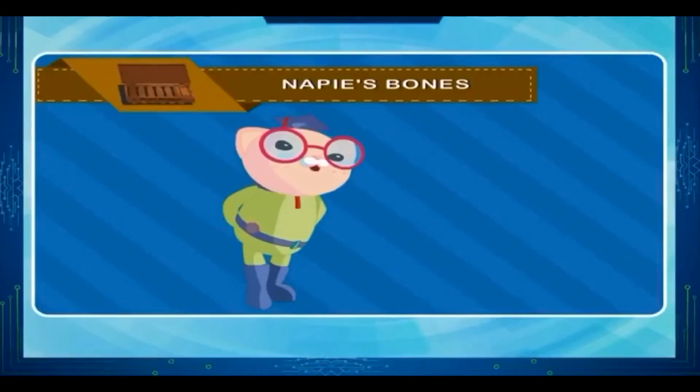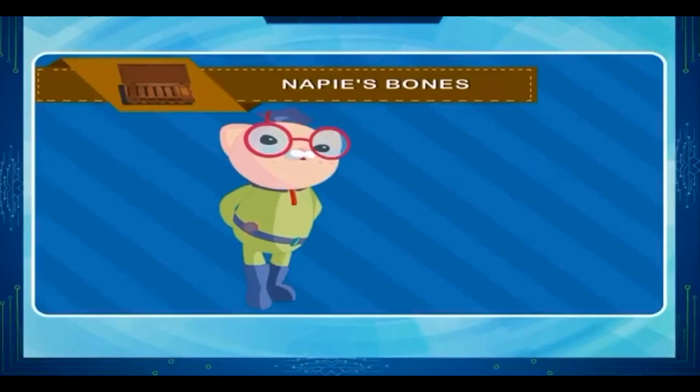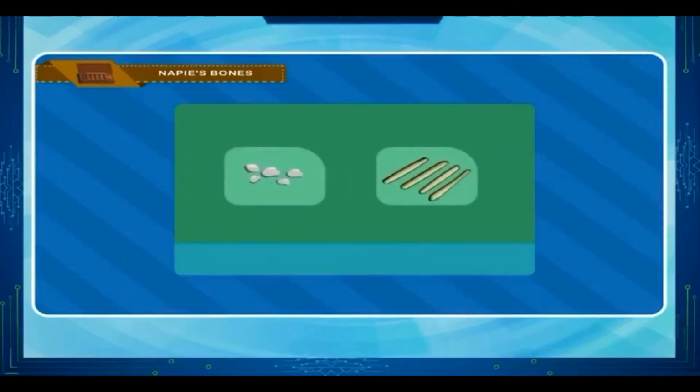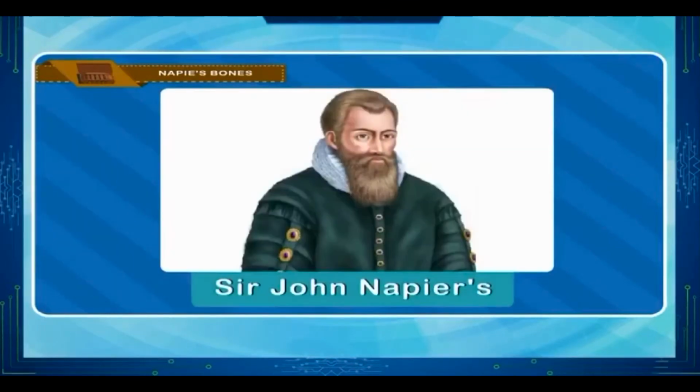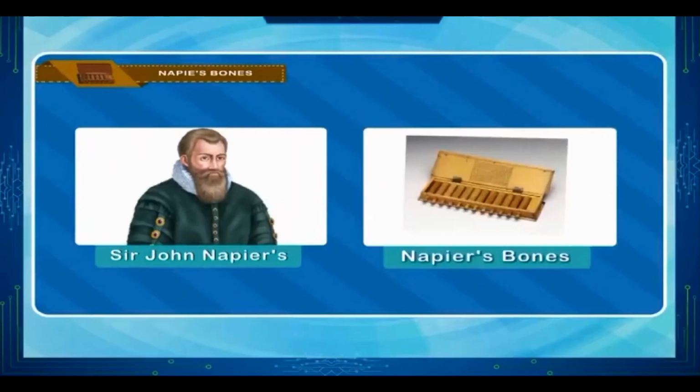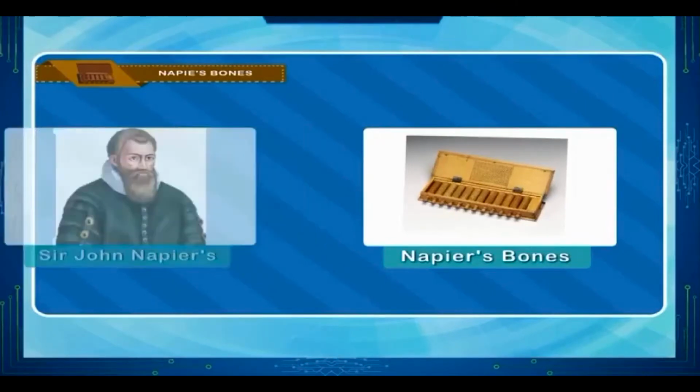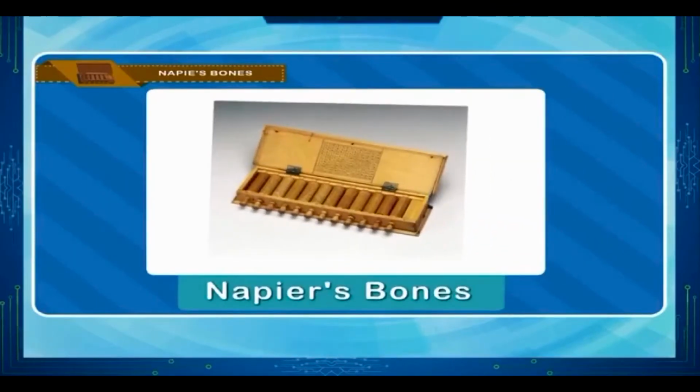Napier's bones. As necessity demanded, scientists started inventing better calculating devices. In this process, John Napier of Scotland invented a calculating device in the year 1617 called Napier's bones. In the device, Napier used bone rods for the purpose of counting, where some numbers are printed on these rods.